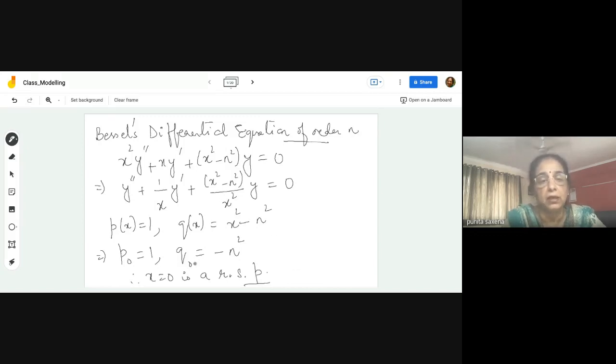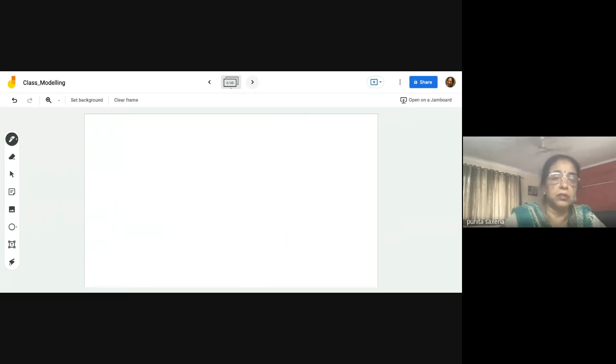Now, we have to solve it, and because it's a regular singular point, we have to use the Frobenius method. To use the Frobenius method, we need to find the roots of the indicial equation. The indicial equation in this case will be r(r − 1) + p₀ r + q₀ = 0, that is, r(r − 1) + 1·r − n² = 0.